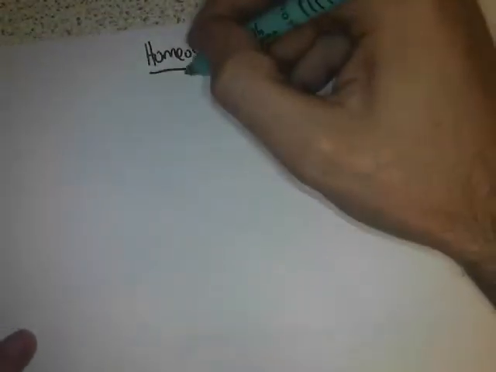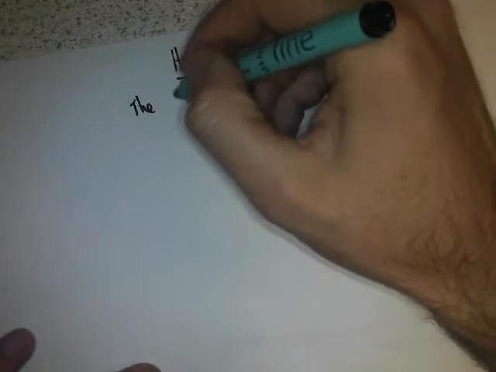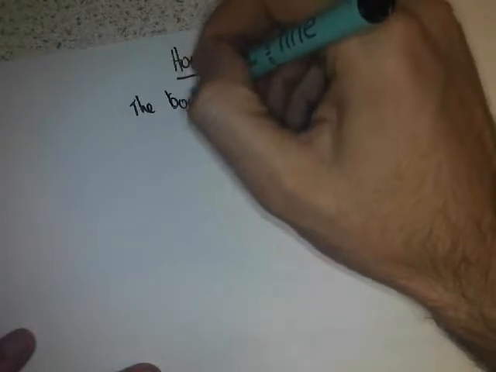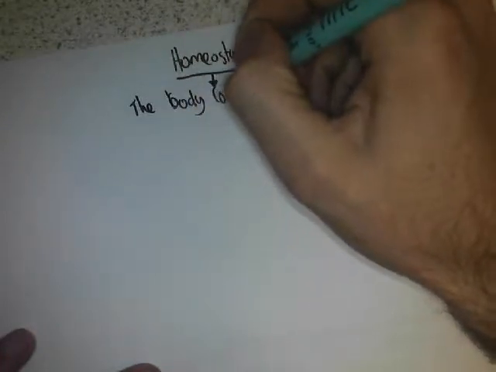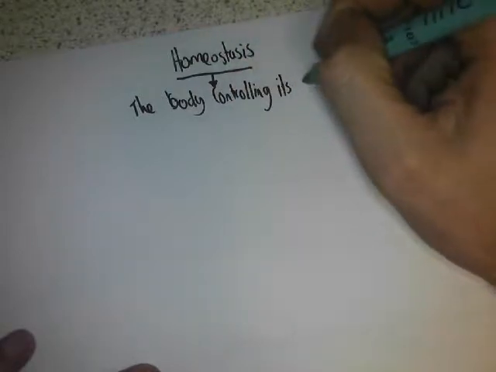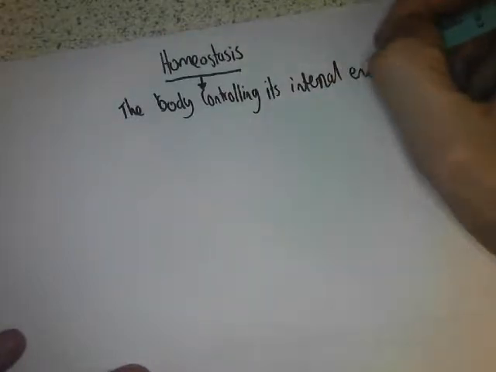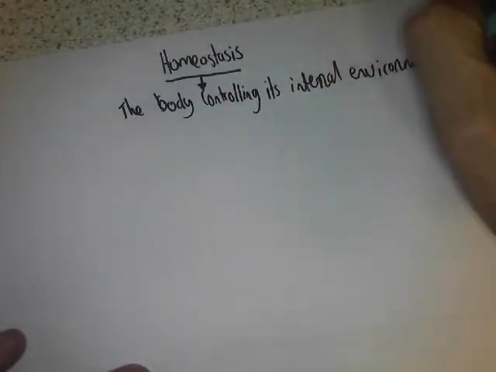Now, the first thing we should do really is define what homeostasis is. Homeostasis is the body controlling its internal environment.